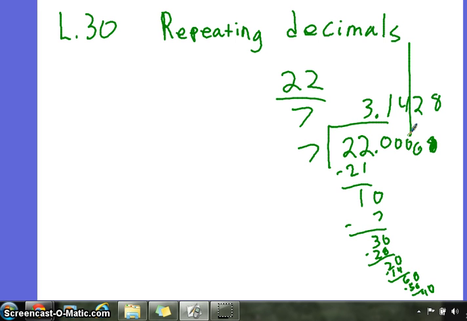It's 3.14, because I go to 3 decimals, call it quits at 2, and look at that third decimal to decide: do I round up or leave it? I leave it because 2 is less than 5. 5 or more I go up, otherwise I leave it. So my answer is 3.14.